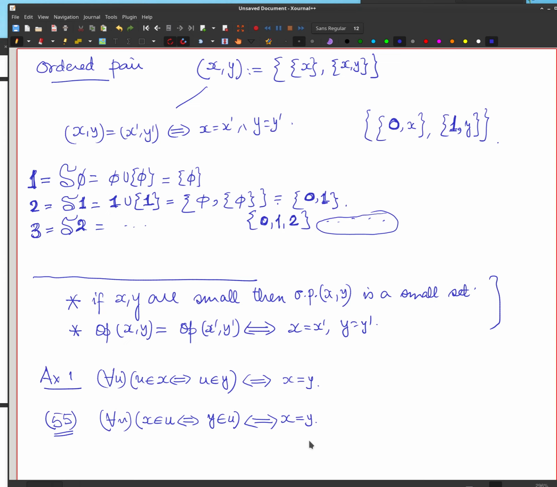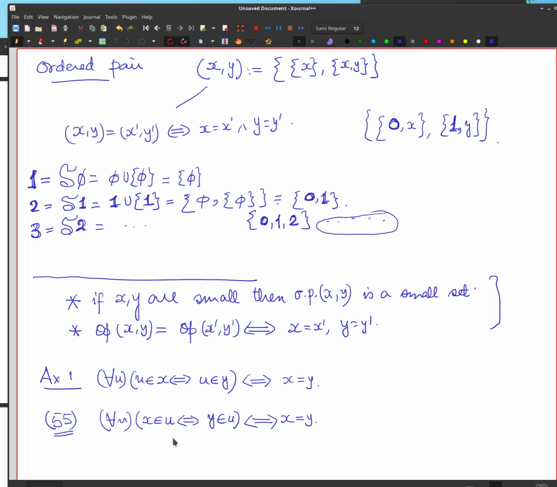Now, see, that's the difference. Over here in the axiom of extensionality, there was no such extra thing. X and y can be anything. So here x and y are small.